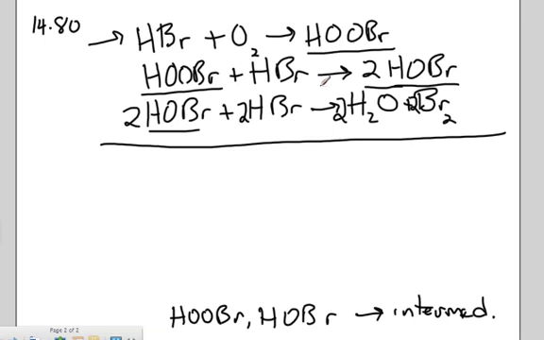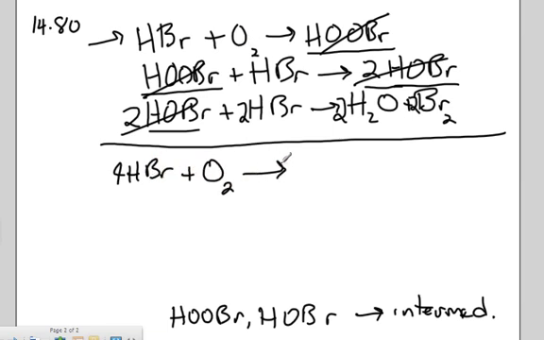All right, so let's go ahead and do this. These cancel and these cancel. If I add it all up, I end up with 4 HBr plus O2 gives us 2 H2O plus 2 Br2.